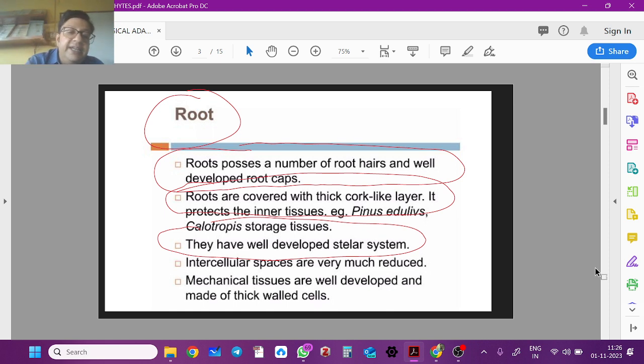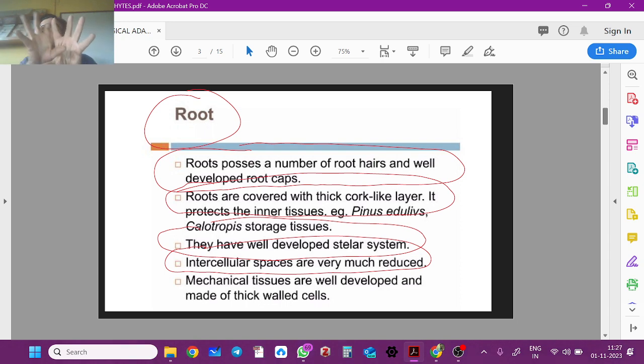What they have, the intercellular spaces are very much reduced. So the space between the cells. If you see a section, the space between the cells are very much reduced. For example, in a spongy plant, in the leaf, if you take a section, you find that there are parenchymal cells, palisade parenchyma, then spongy parenchyma. So in this, you will have lots of air spaces in between, especially in the spongy parenchymal region of the leaves.